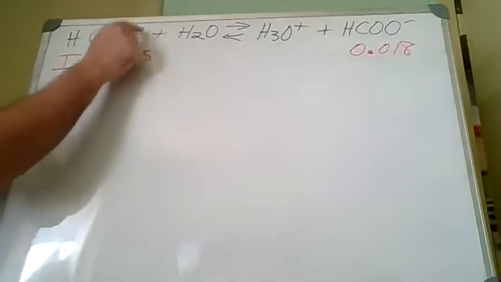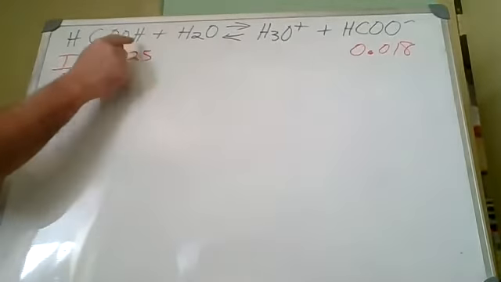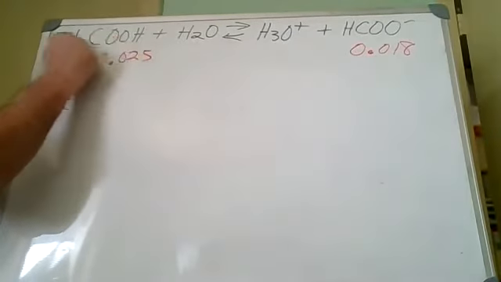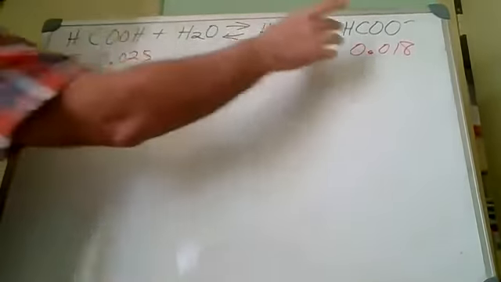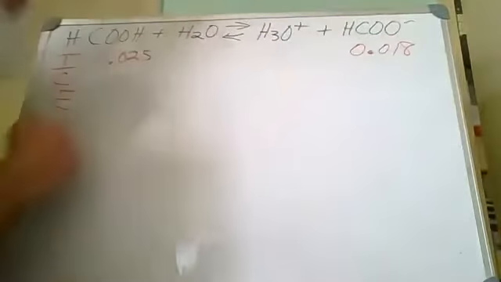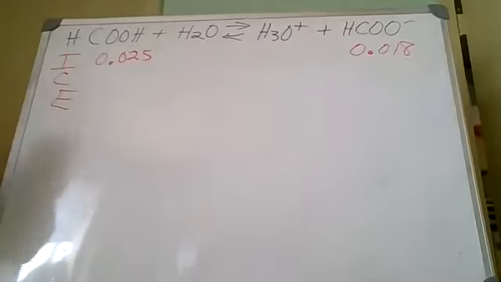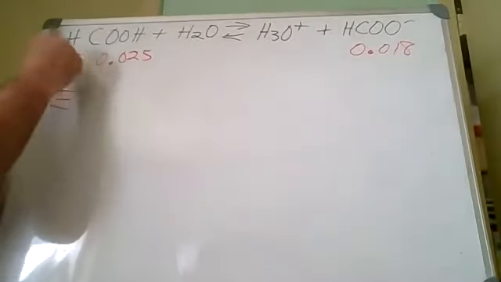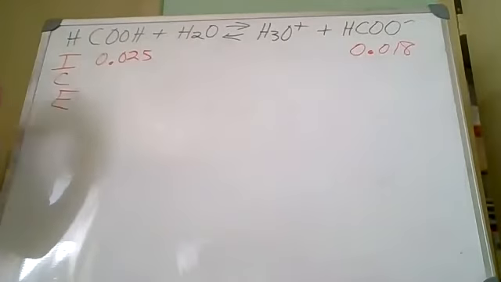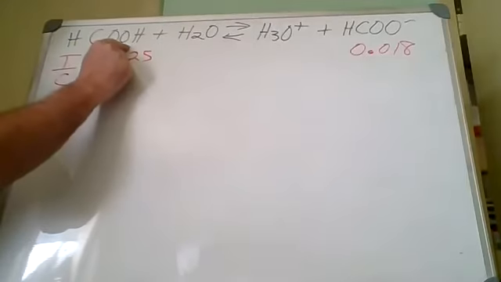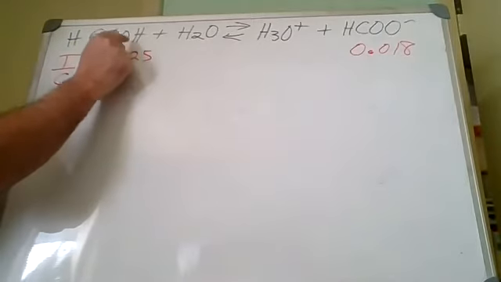It will pull this acidic proton off of the formic acid molecules, converting the formic acid molecules into formate anions. This is the whole crux of the problem here, so I'm going to repeat that again. When you add the strong base, it will completely neutralize an equimolar amount of the weak acid.